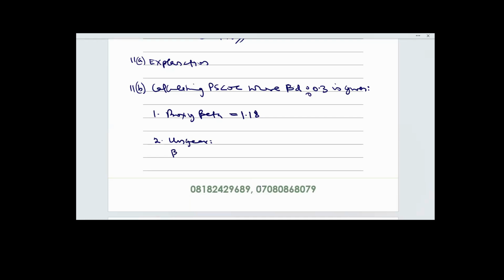So I would say beta assets equal to beta equity of a geared company multiplied by equity value over equity plus debt times 1 minus tax, on one side, plus debt beta multiplied by debt value multiplied by 1 minus tax, divided by equity value plus debt value times 1 minus tax, on the other hand.